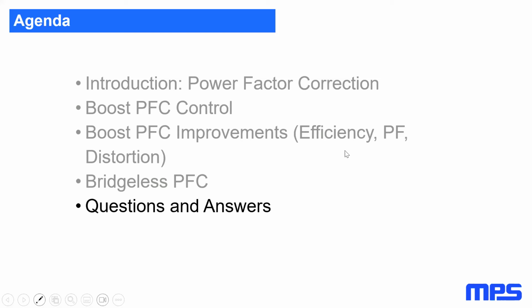Thanks a lot. Next one is, is the gate drive more complex in totem pole compared to classic in regards to isolation potentials? Well, if you compare it to a simple boost PFC with a freewheeling diode, where you only have one active switch, which is on the low side, then yes, the gate drive of totem pole is more complex, because in the totem pole we have two high side switches that have to be driven, not necessarily with an isolated driver, but at least a high side driver.